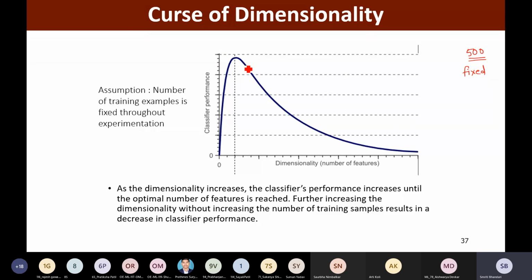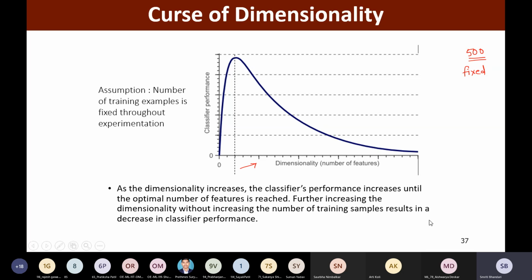After that, if we go on increasing the number of features or dimensionality without increasing the number of training samples, this may result in decrease in the classifier performance. Please look at this. This is the degradation of the classification performance, right?